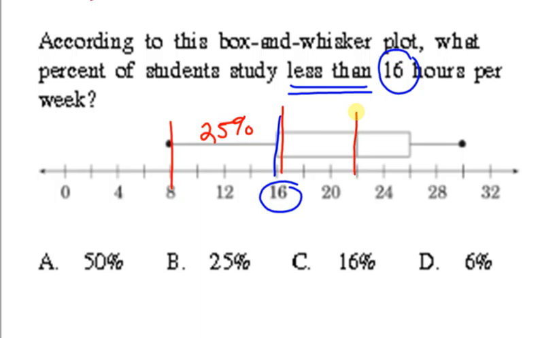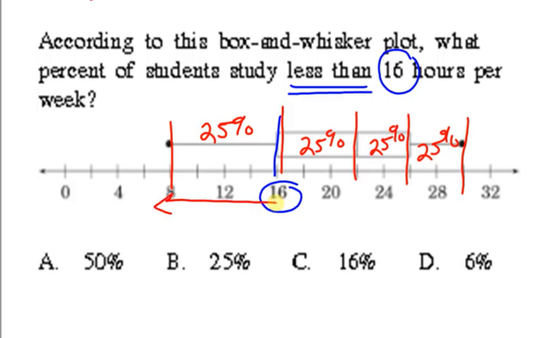Here to here is 25%. Here to here is 25%. And here to here is 25%. What percent of students studied less than 16 hours? 25%.